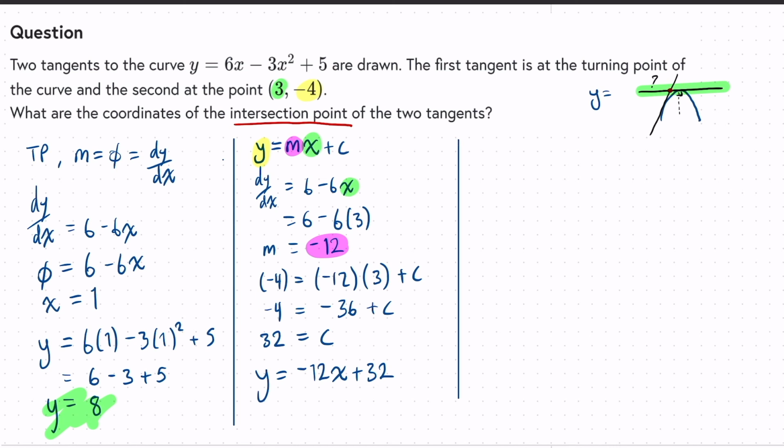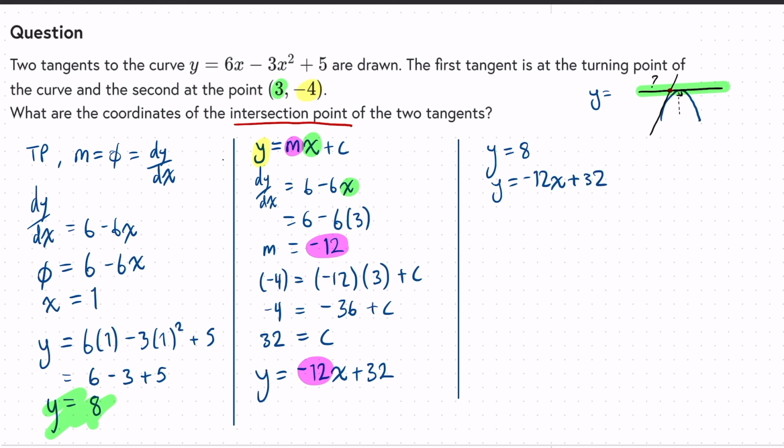This leaves me at the last position I need. And actually I can tell, based on this -12, that my original tangent should have been sloping downwards, not upwards. So I got it the wrong side at the start. But what does that mean? Well, I'm going to solve this simultaneously. I have my two equations, y equals 8, and y equals -12x plus 32.